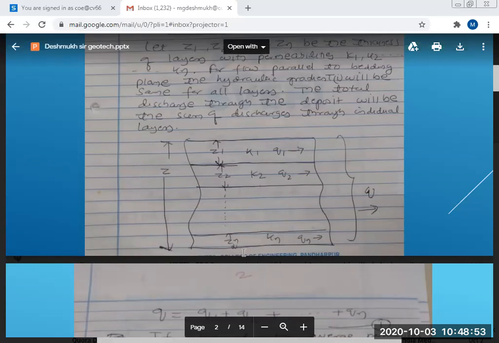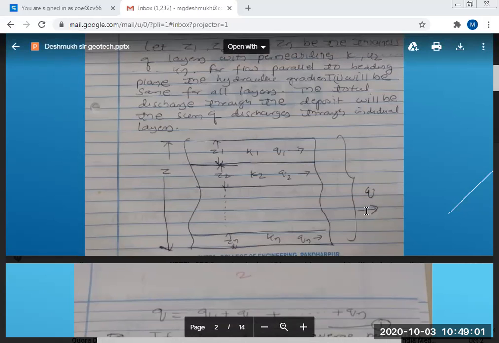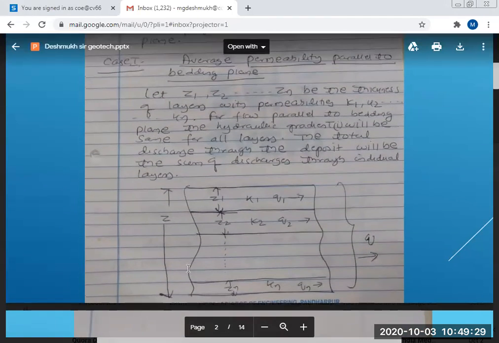In the same way it continues, and the total thickness is Z. The flow is in this direction, parallel to the bedding planes, and the total discharge is equal to the sum of all the discharges: discharge through 1, through 2, through 3, 4, 5 and so on up to N. So Q is equal to Q1 plus Q2 and so on up to Qn. I hope everything up to here is very clear to you.